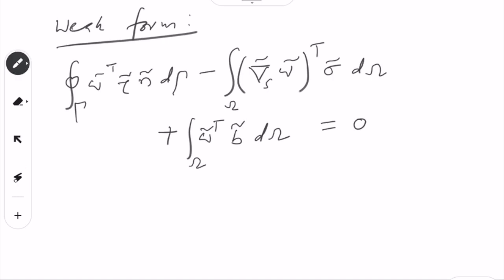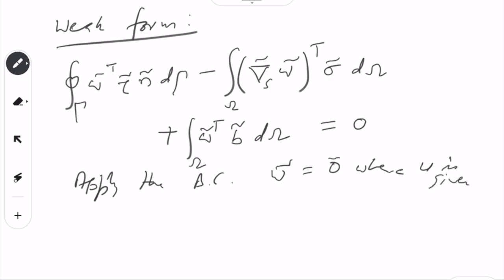Now we have to apply the boundary condition. We know that W will equal 0 where u, the displacement, is given.